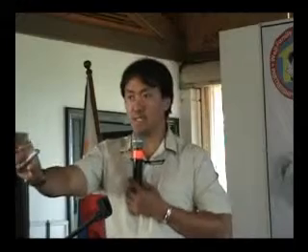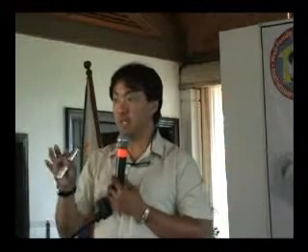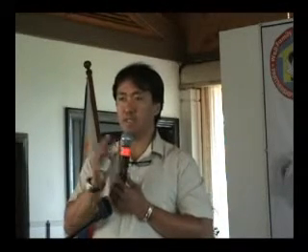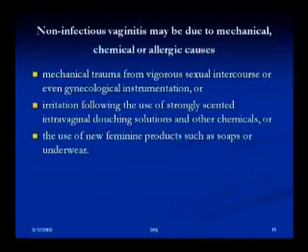Is it vaginitis only, or is there cervicitis too? If vaginitis only, it may be due to infectious and non-infectious processes. So what now is the vaginitis? It can be due to infection or not due to infection. These are the non-infectious causes. Not all vaginitis is a vaginal infection.